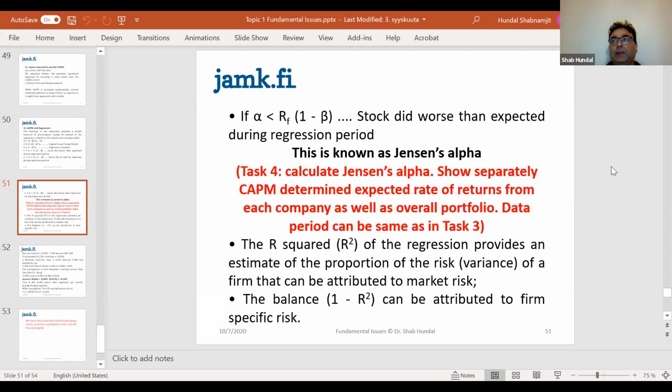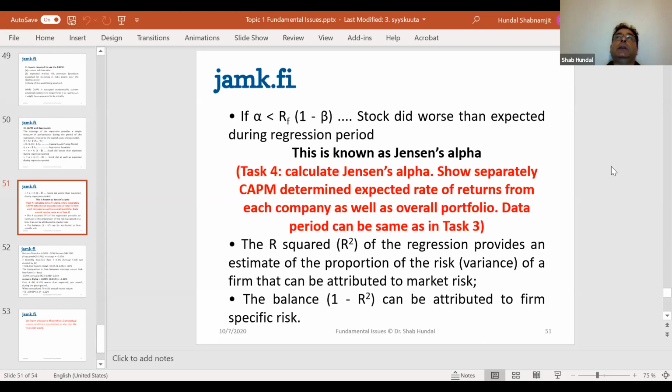But you know what? I was expecting this student to get 10, but the student got 8. So in a way, the student has underperformed. When I compare this student with the rest of the class, he or she overperformed. But when I compare this student with himself or herself, the student has underperformed because I was expecting him to get 10. This is exactly the role of Jensen's Alpha.